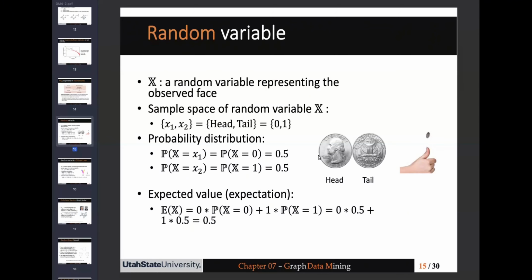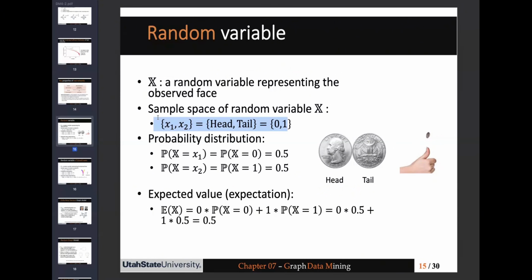So we define a random variable X to represent the observed face, and a head is mapped to 0 and a tail is mapped to 1, shown as x1 and x2, the possible values of the random variable X.